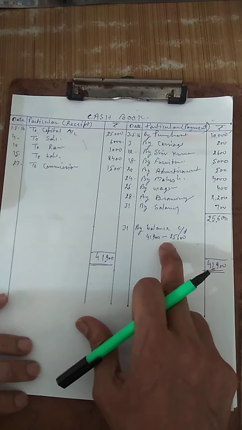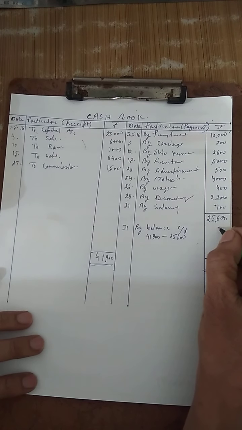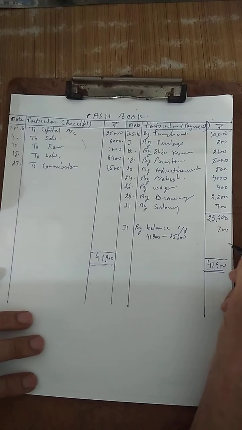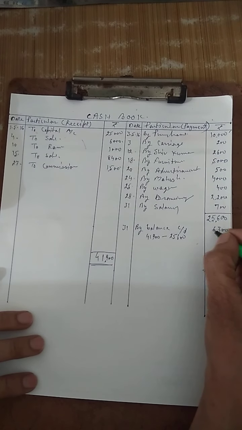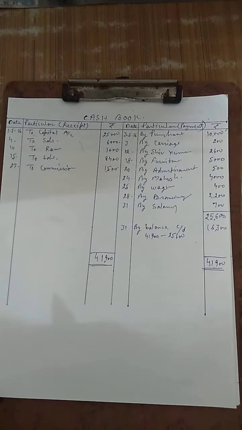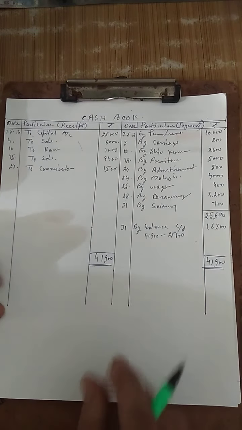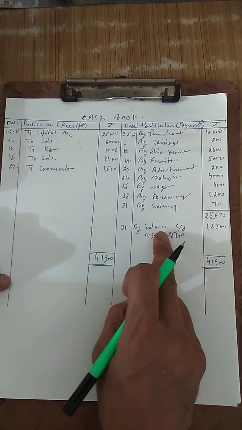The balance is 16,300. And then we will transfer this balance to the debit side of next month.